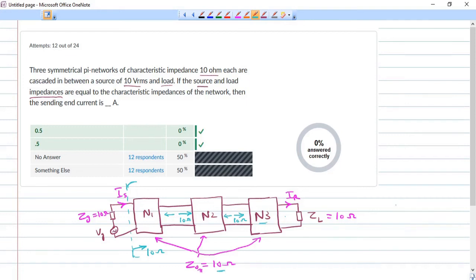So we can represent this network like this: this is the voltage source Vg and this is the source impedance Zg.